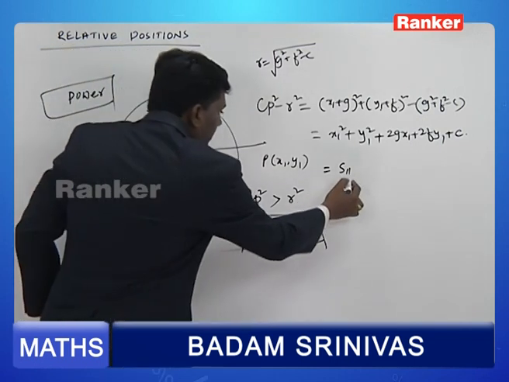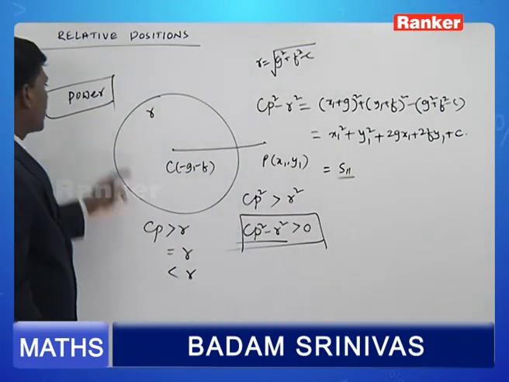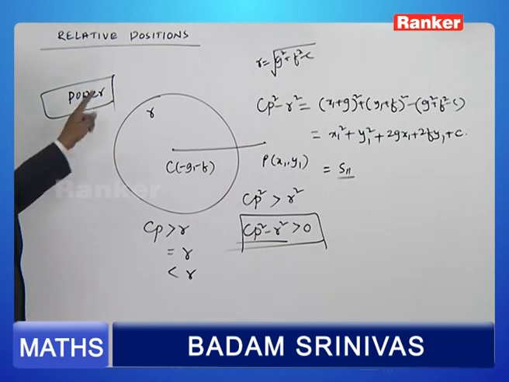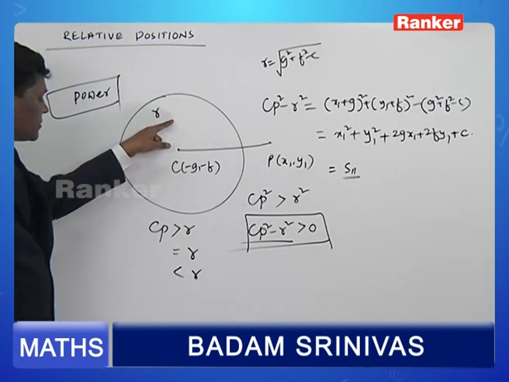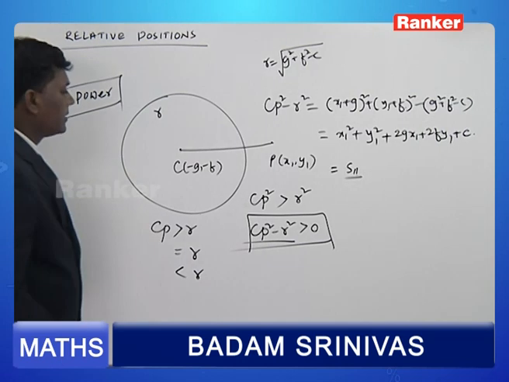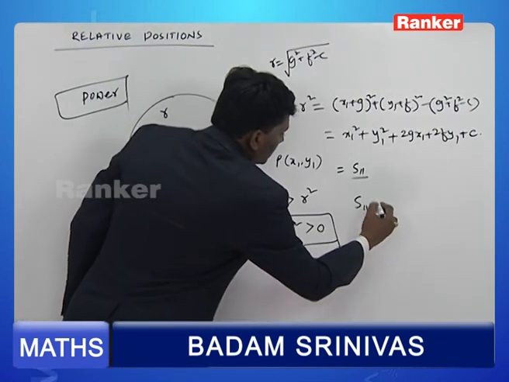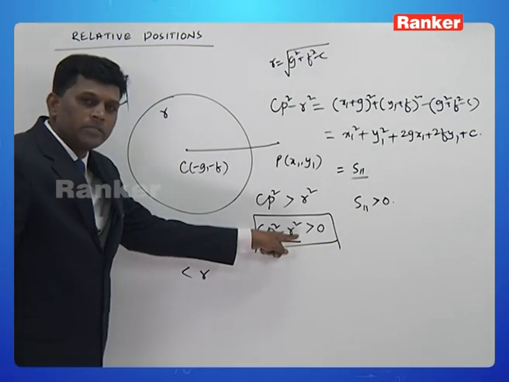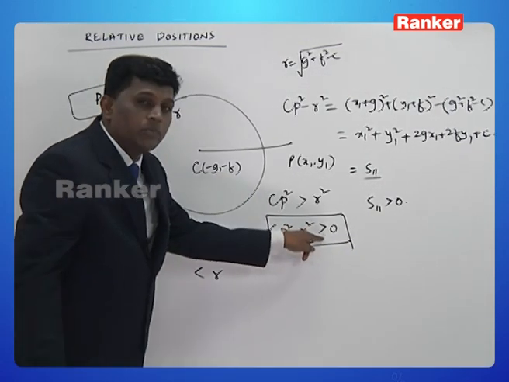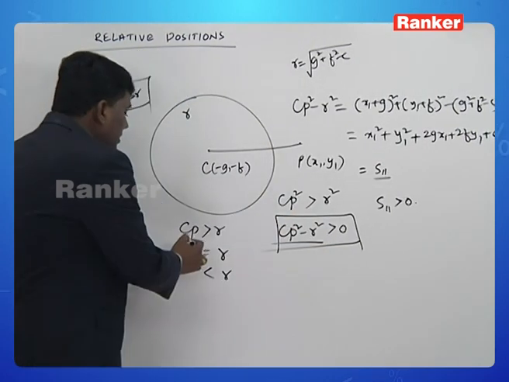So S11 is taken as the power of the point, and S11 will decide the relative position of the point with respect to the circle. If S11 is greater than 0, you get CP square minus r square greater than 0, so CP square is greater than r square and CP is greater than r.